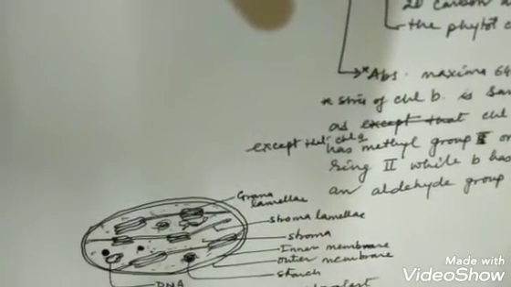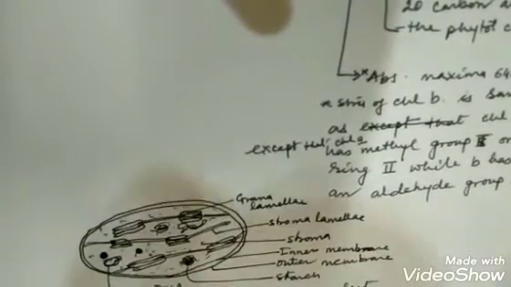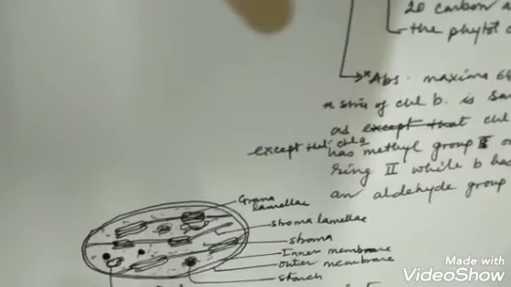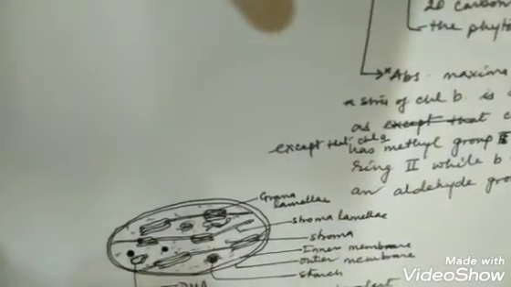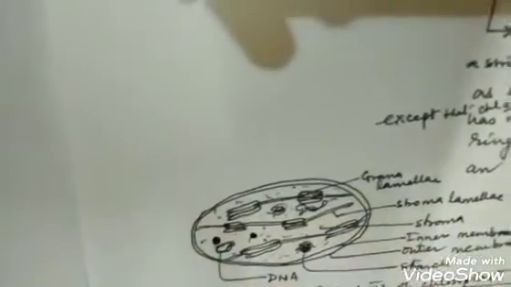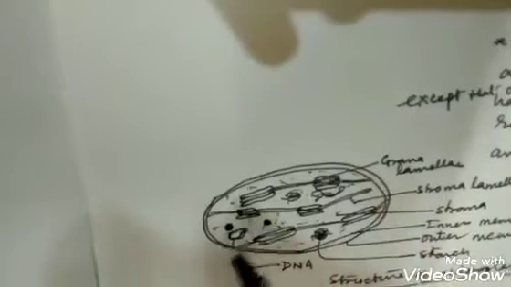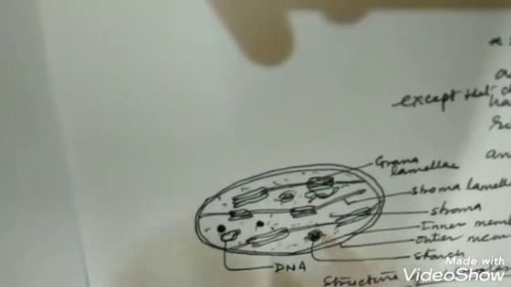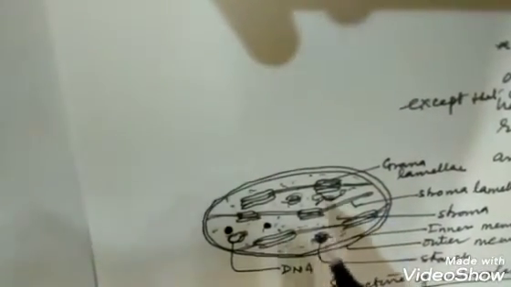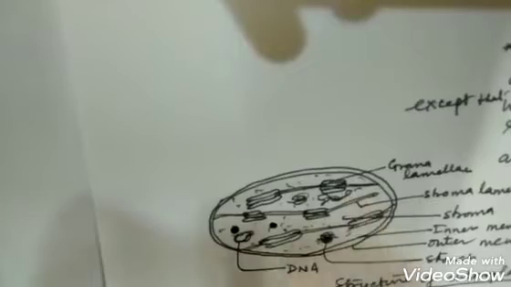And the question is, where are these photosynthetic pigments present? They are present in the chloroplast. The chloroplast is an organelle which is present in all green plants in a eukaryotic system. In prokaryotic systems, the chloroplast is not present.